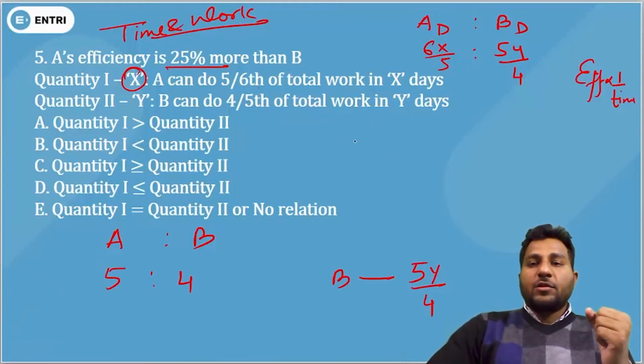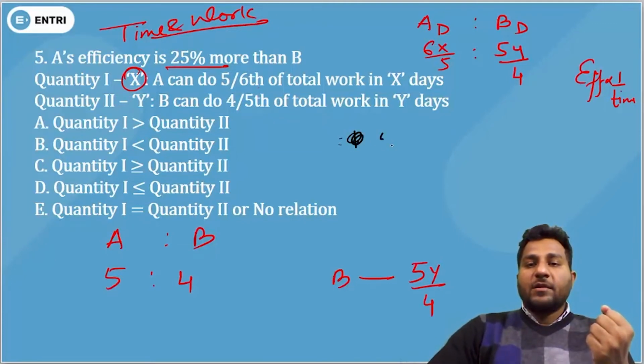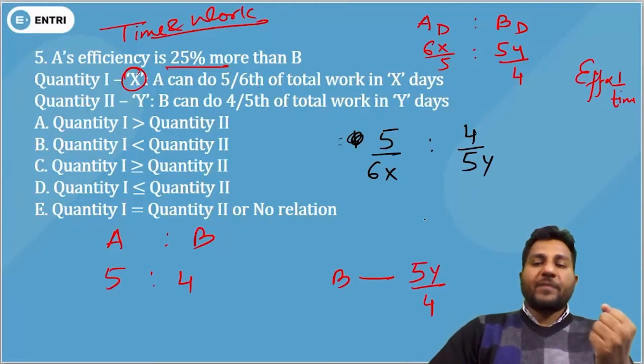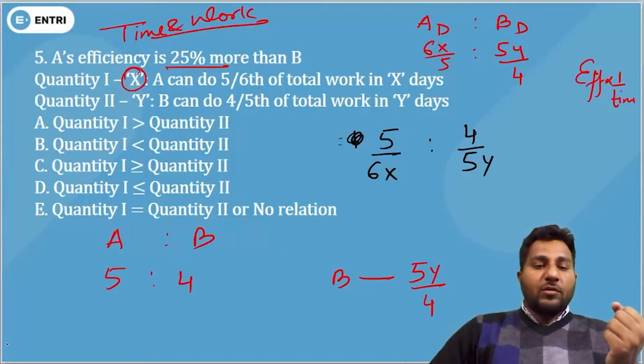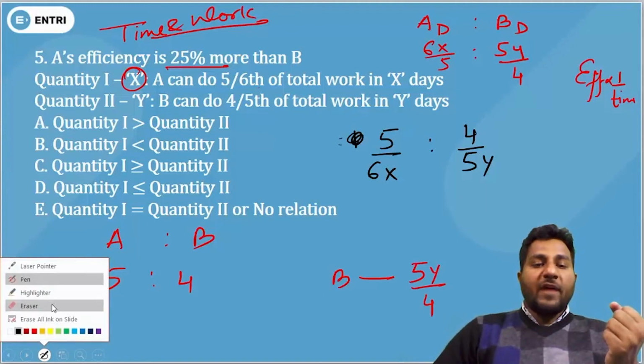So if it reverses, it will be 5 by 6x ratio 4 by 5y, and it will become their efficiency. So let's equate them with 5 by 4.